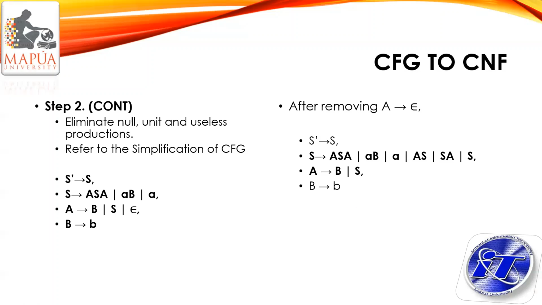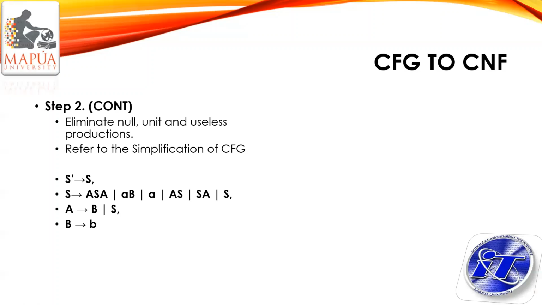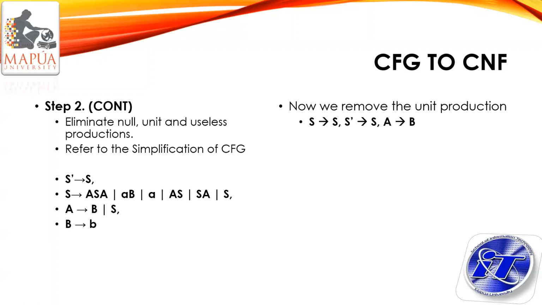There are no useless productions, but we need to check if there are unit productions, wherein a non-terminal yields a non-terminal. Based on the previous slide, we have these new rules, and we can see that we have unit productions: S yields to S on the first rule, S prime yields to S, and A yields to B on the second rule.